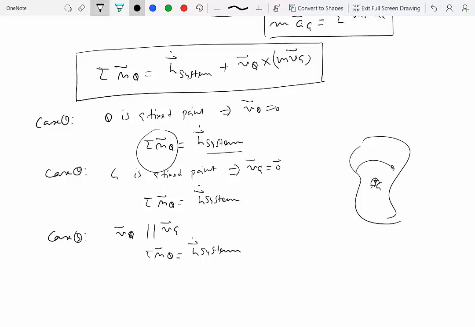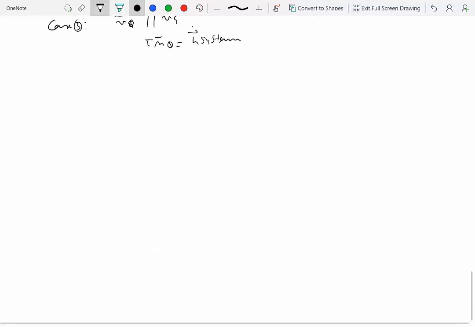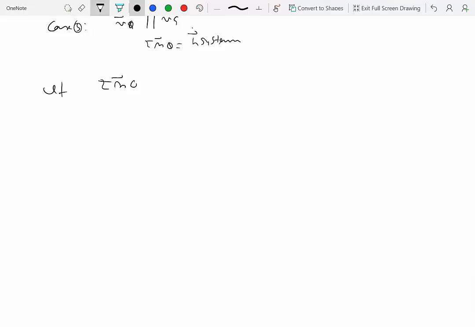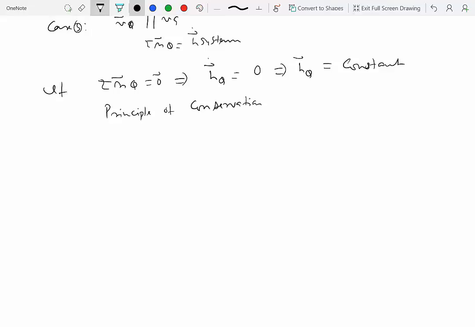And if H dot is 0, which is the rate of change of angular momentum, then H should be constant, right? So if sigma MQ is equal to 0, that means H dot Q is 0, and that means H about Q is constant, right? And this is called the principle of conservation of angular momentum.